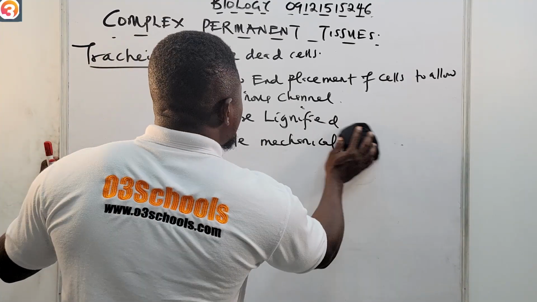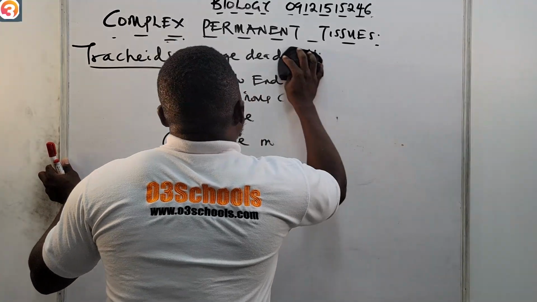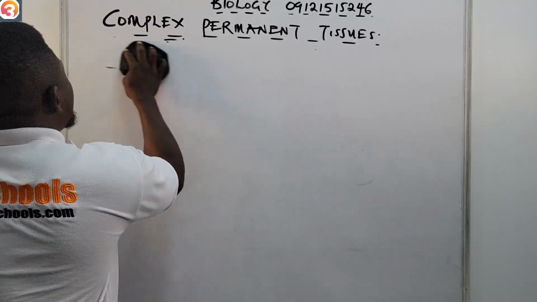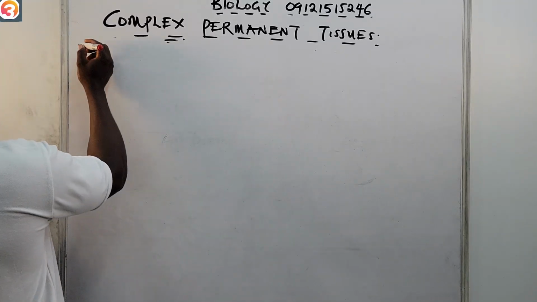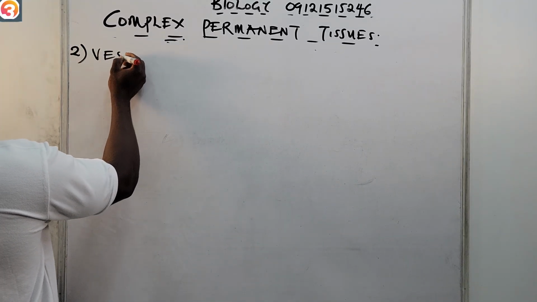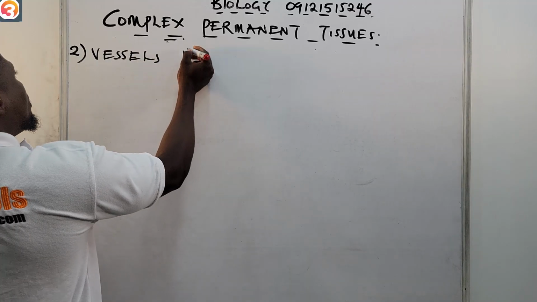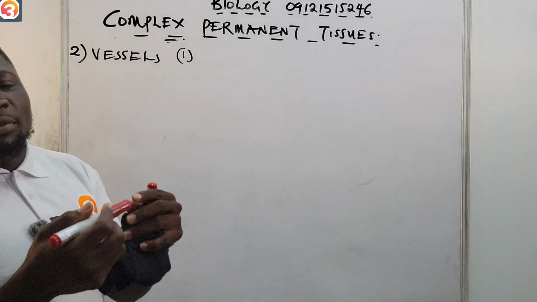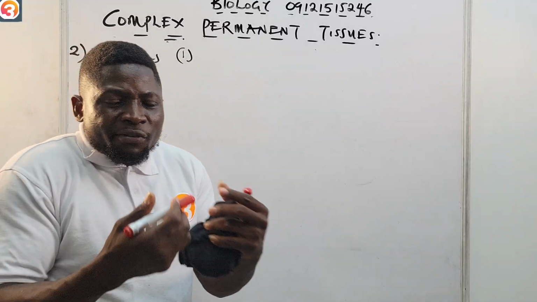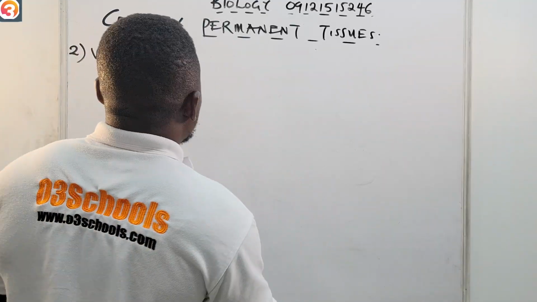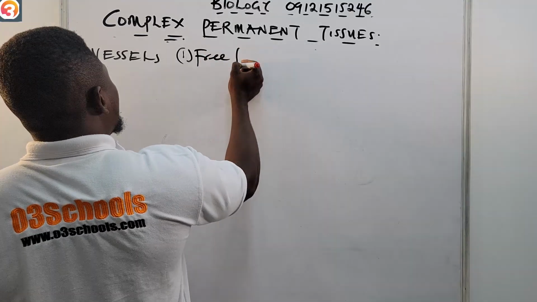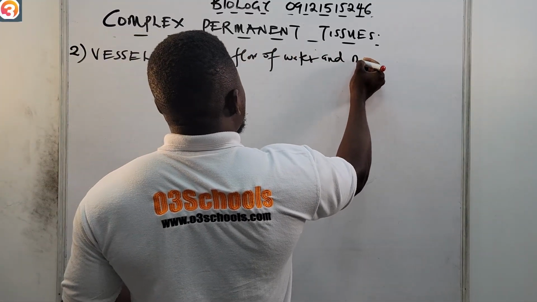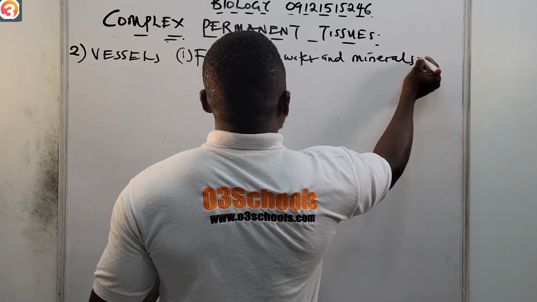So let us quickly see some characteristics of the vessel. Number two now, vessels. What the vessels do is to provide free flow of water and minerals. So number one, free flow of water and minerals.